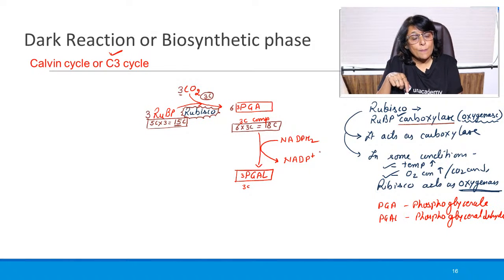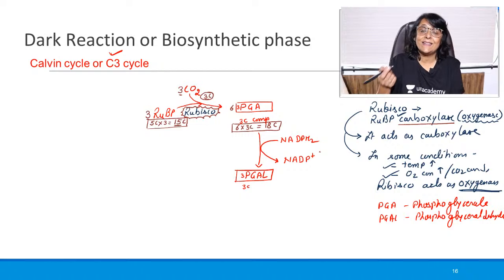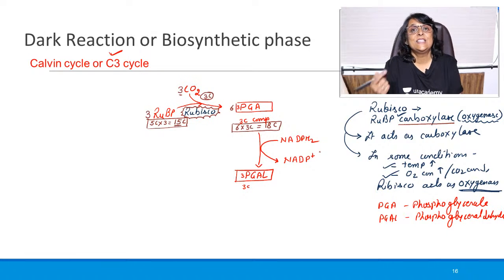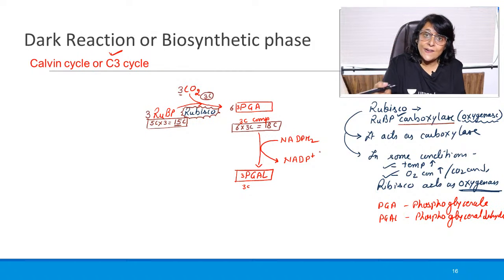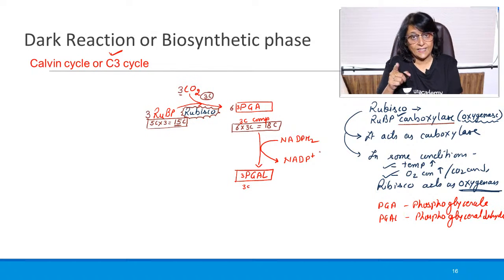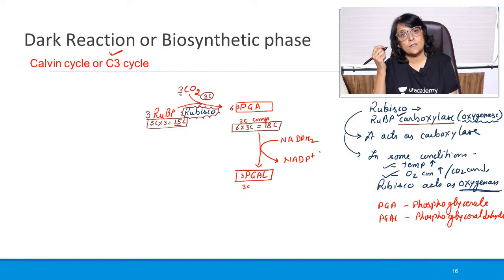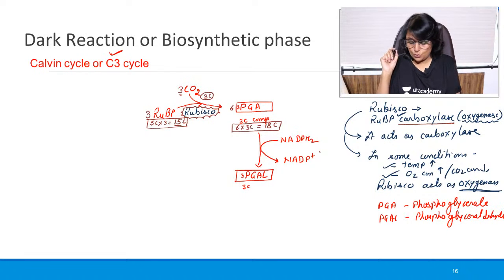And this step is reverse of glycolysis. What happens in glycolysis is phosphoglyceraldehyde is obtained and that phosphoglyceraldehyde changes into phosphoglycerate. So here acid is getting reduced into aldehyde. In respiration, aldehyde is oxidized into acid. So when we talk of respiration, glycolysis, we will talk about this also.